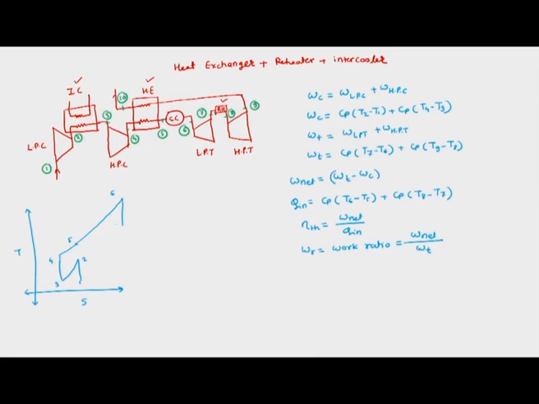Then from 6 to 7 we have the high pressure turbine, then from 7 to 8 we have the reheater, then 8 to 9 we have the low pressure turbine, and then 9 to 10 heat loss, and then 10 to 1. So this is how our cycle will proceed. You can practice this. Parallelly you could also draw the PV diagram for this arrangement.